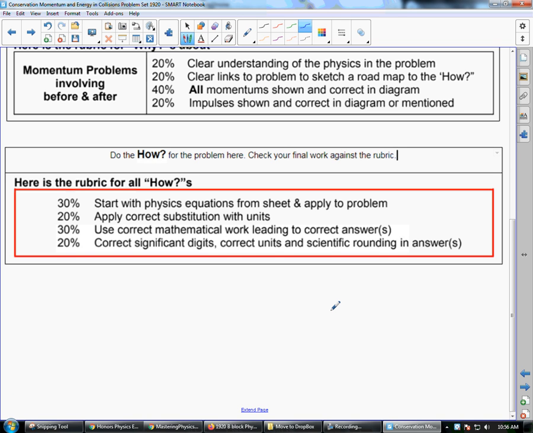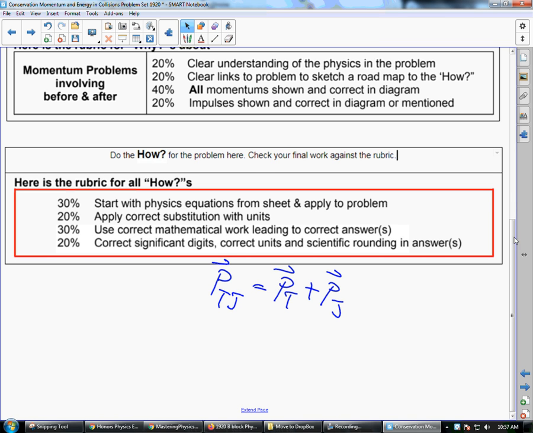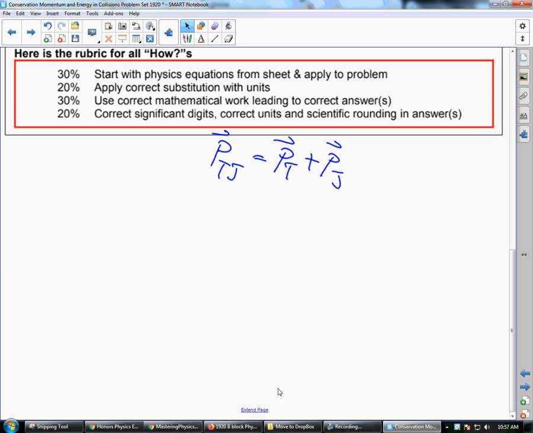I'll grab my equation in a minute, but the momentum of Tracy Jonas equals the momentum, and that's a vector, the momentum of Tracy plus the momentum of Jonas. And I didn't really use before and after because there was one object and then two afterwards. So I think my variable notation is clear that they're different things.